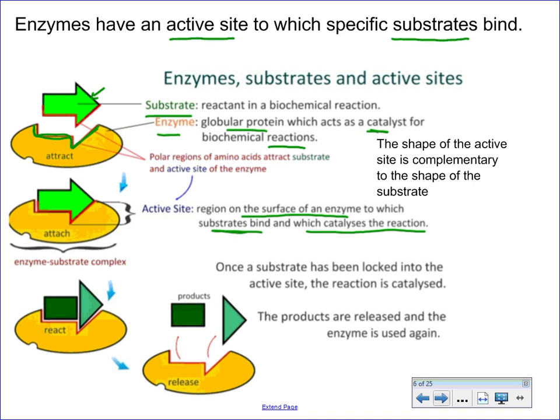The steps involved in an enzyme catalyzed reaction are that the substrate will have to come into contact with the active site of the enzyme. The substrate will then bind to the active site on the enzyme. This will create an enzyme substrate complex.